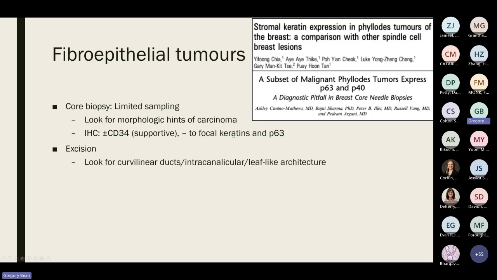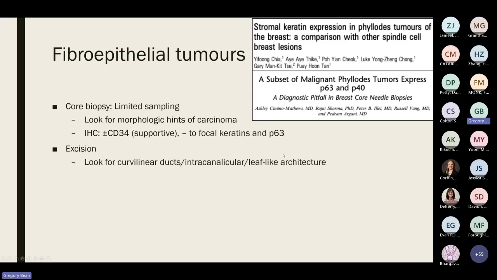So just because you have some staining of keratins and P63, especially in a core biopsy, that does not necessarily mean automatically metaplastic carcinoma, and I think you should be cautious in making that leap unless there's really diffuse staining of especially keratins.